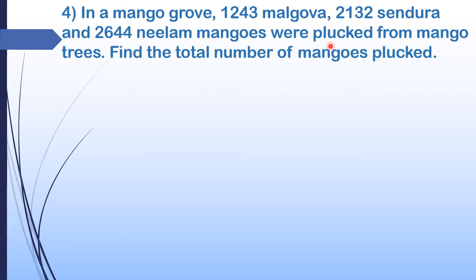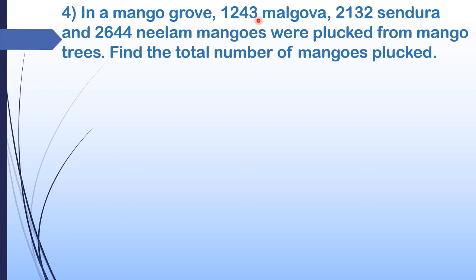The word mango grove. Mango grove is nothing but a small group of trees. A small group of mango trees. So the word grove is nothing but a small group of trees. Here they mentioned mango grove, isn't it? So mango grove is nothing but a small group of mango trees.